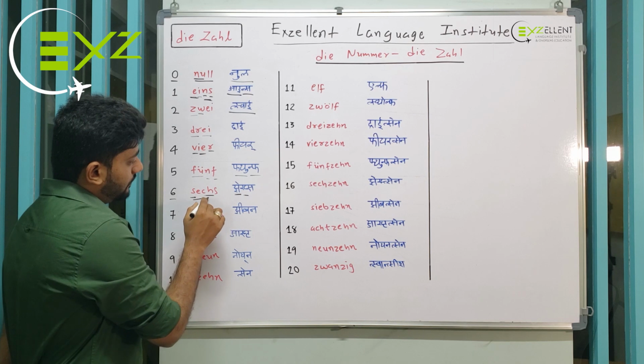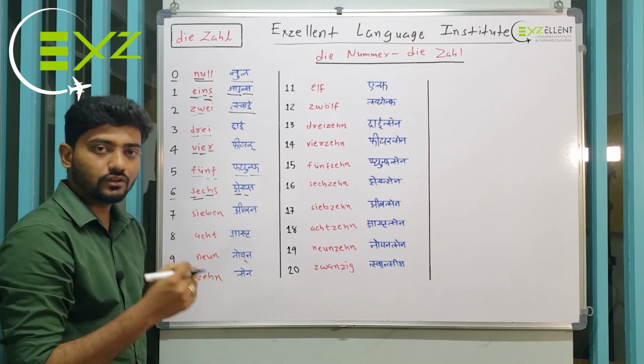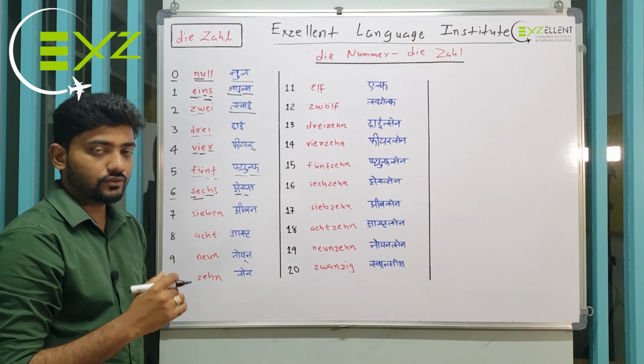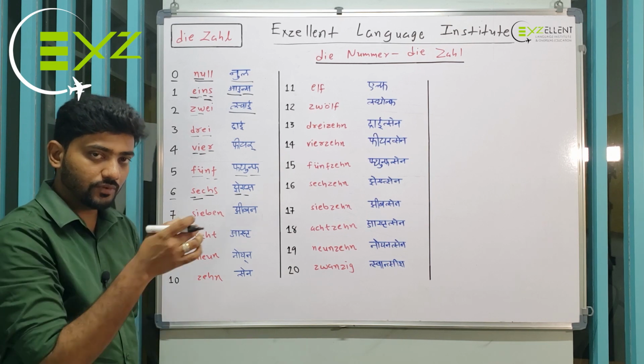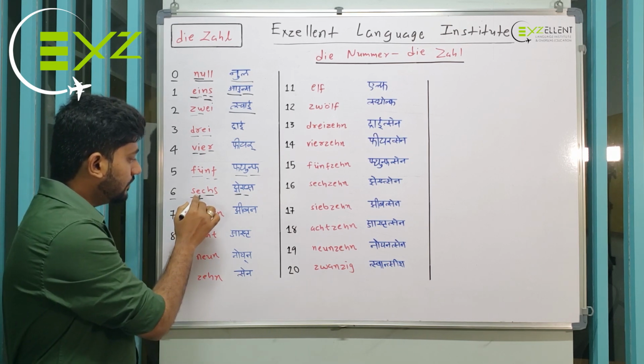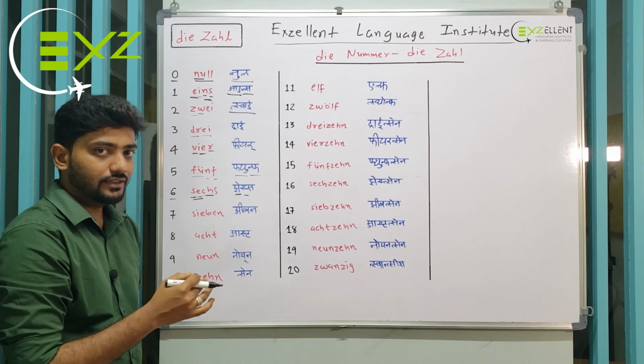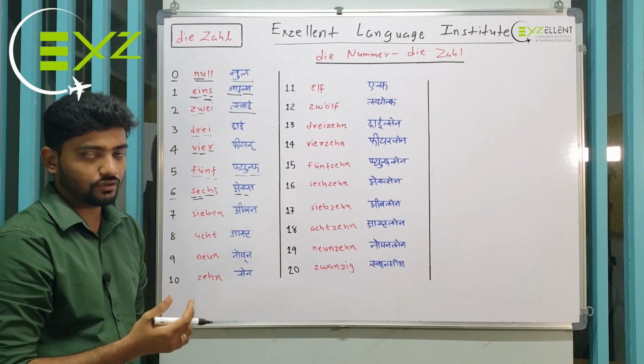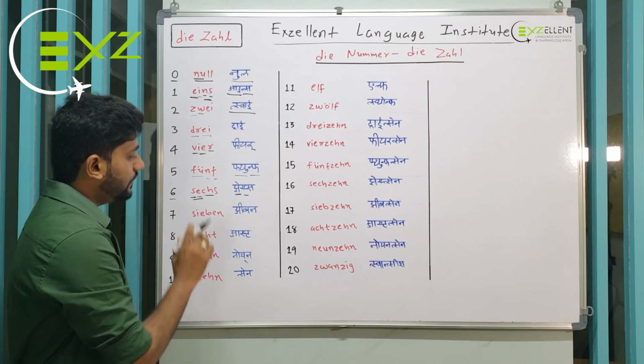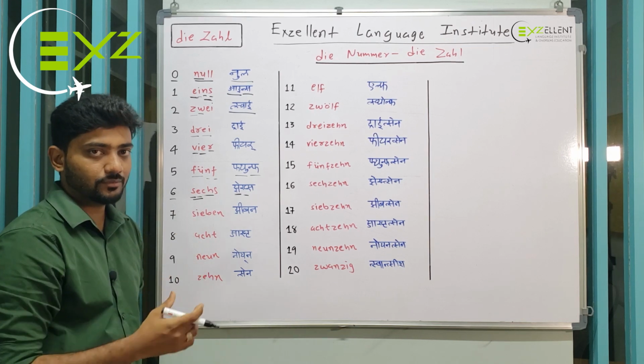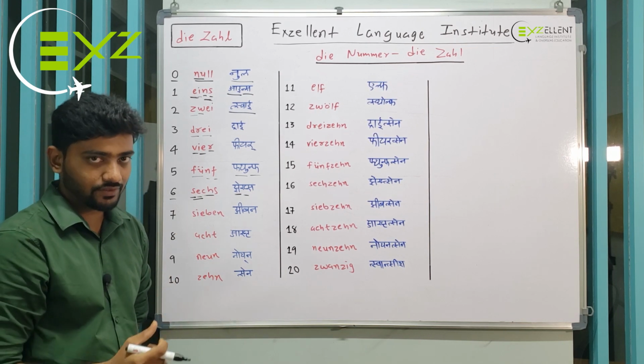See, here we have CH. We have also learned rules for CH. In the rules for CH, we have learned that if before CH there is E, then pronunciation of CH will be sh. But here, this is an exception. Exception means apvad in Gujarati or Hindi language.